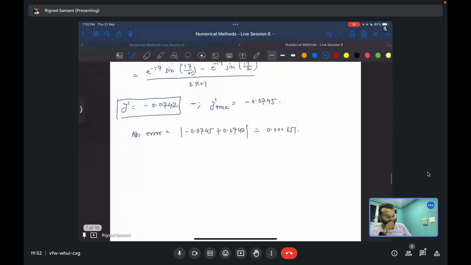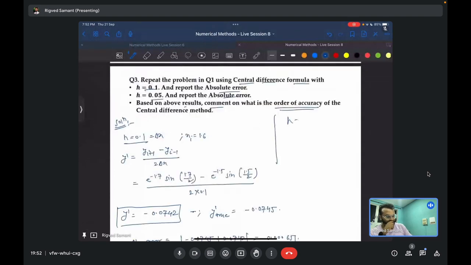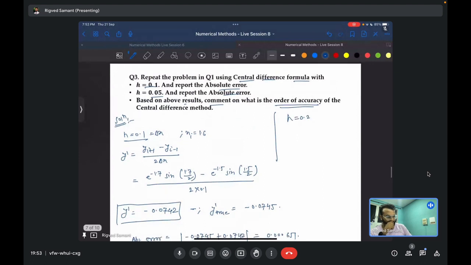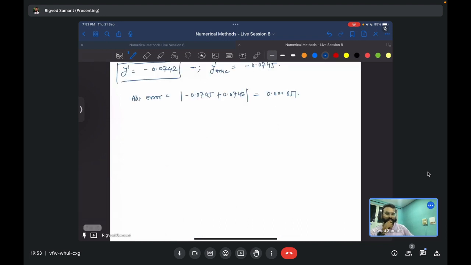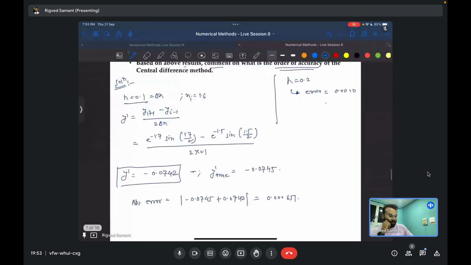In the first case, as h was equal to 0.2, the error was 0.0010. So h is going to half of it, right? So it's reducing by fourth. If you divide 0.0010 by 4, you will end up with this value, right?